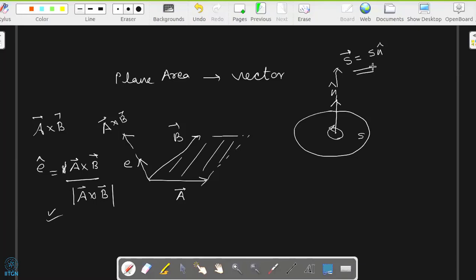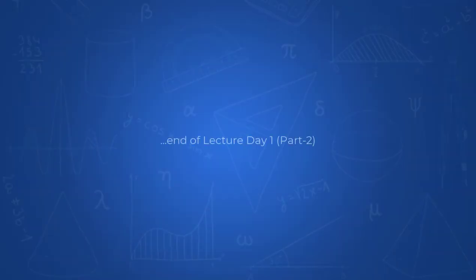So briefly, I have revised the concept of vector algebra, not calculus. I will go into that portion also, not now, but I will discuss these things later.